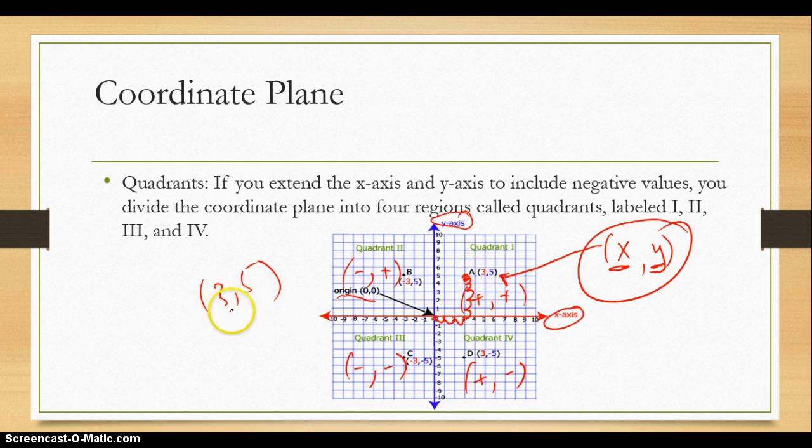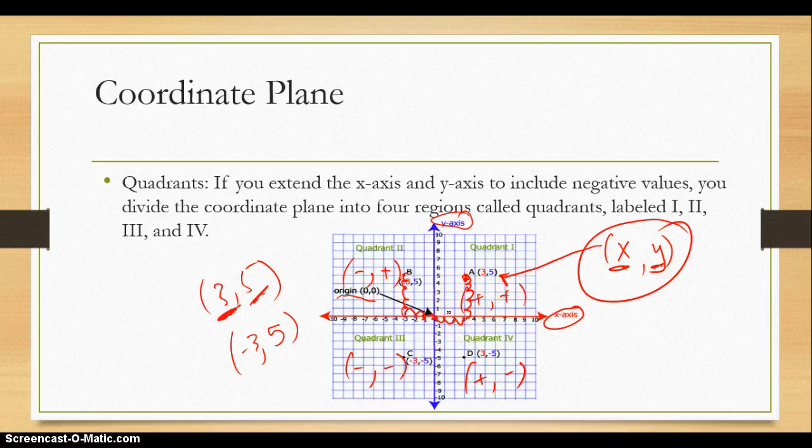Okay, so you always go on the x-axis first, starting at the origin, whatever it tells you. Obviously, if it's negative 3, 5, you're going over negative 3 from the origin, and then up 5, and then you'd be in quadrant 2. Okay, so move along the x-axis first, horizontally, before you move to the y value.